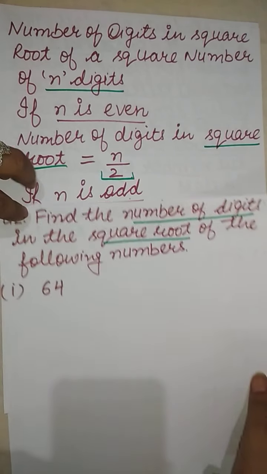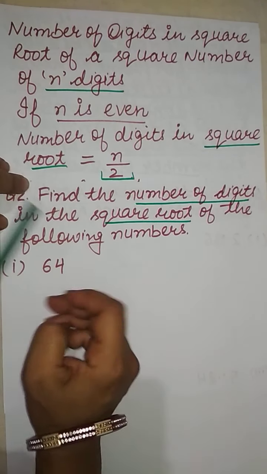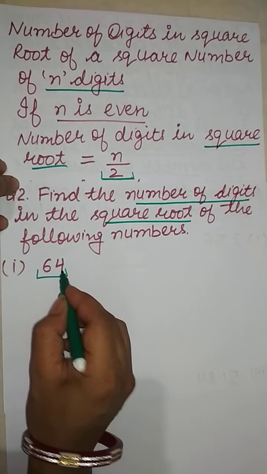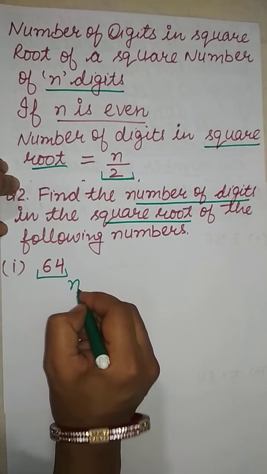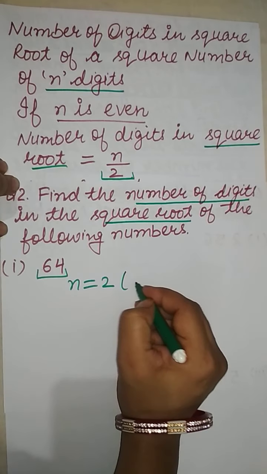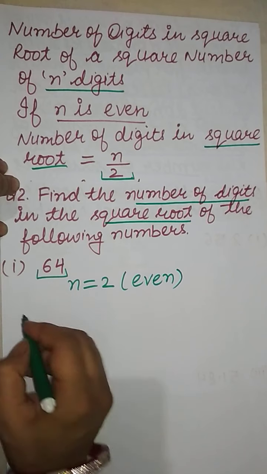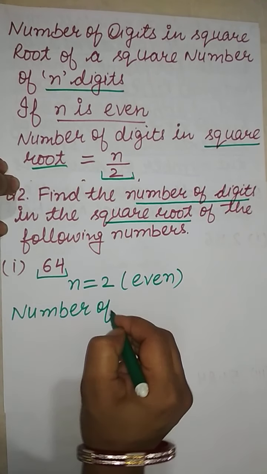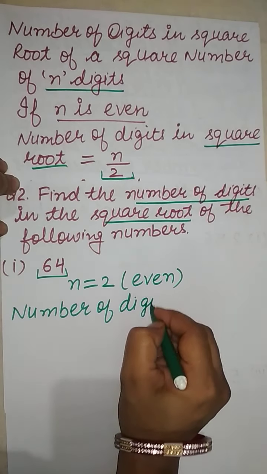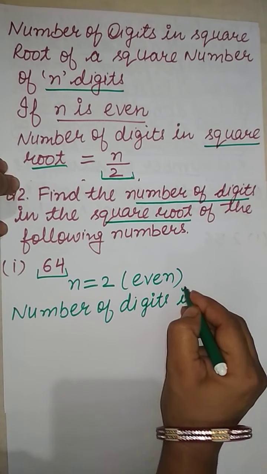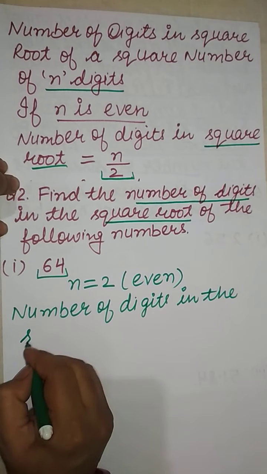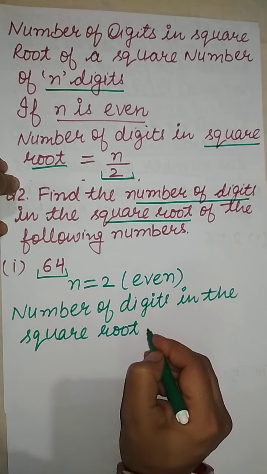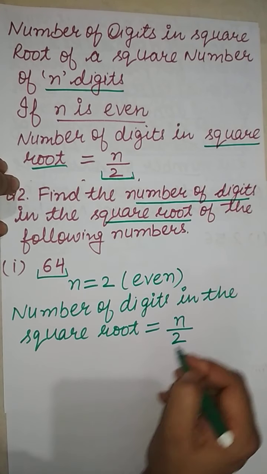As in this question, we are having 2 digits, 1, 2. So it means n is equal to 2, which is an even number. It means the number of digits in the square root will be equal to n by 2.